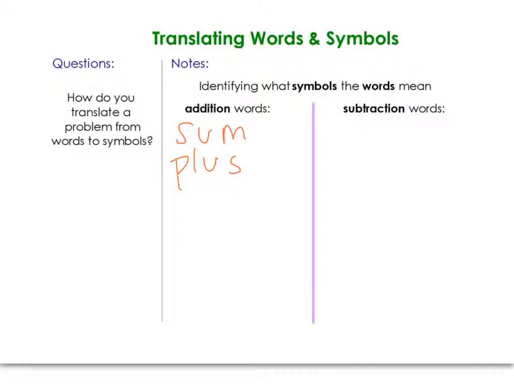What about 3 more than a number? And then maybe if I'm totaling something up, that means I'm going to add it all. Do you have any more adding words?